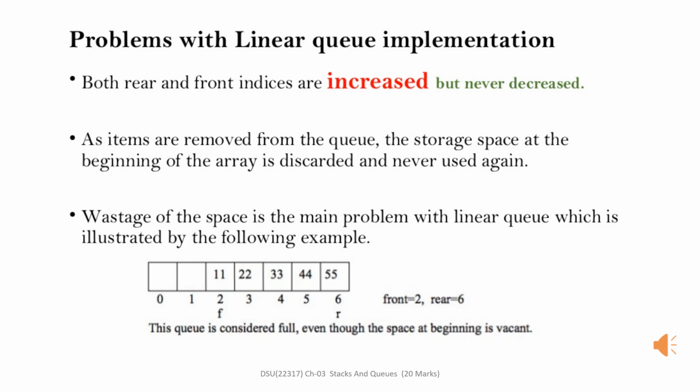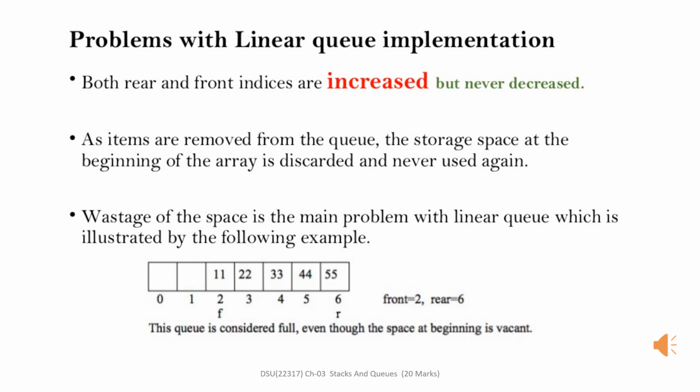See here, the 0th and 1st places are empty, but the total array size is 7. That's why we can't insert an element in the linear queue. The memory allocated to the 0th index and first index is wasted. In this queue, front is equal to 2 and rear is equal to 6. This queue is considered full, even though the space at the beginning is vacant.